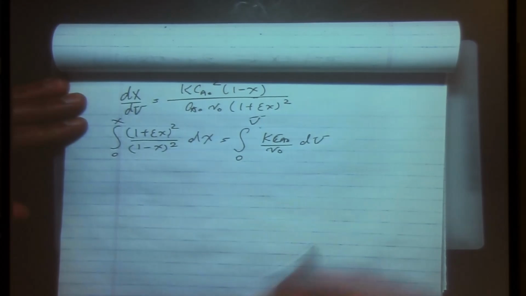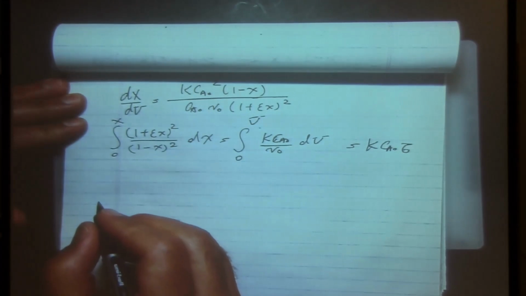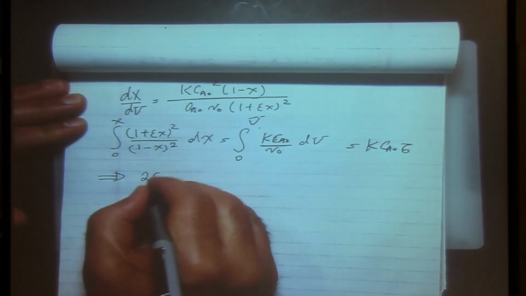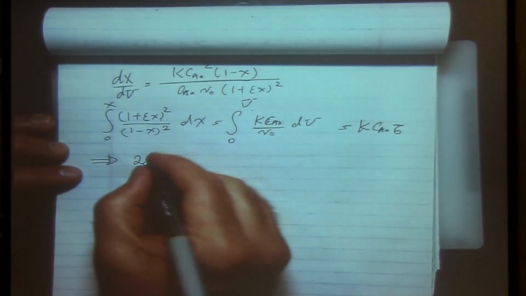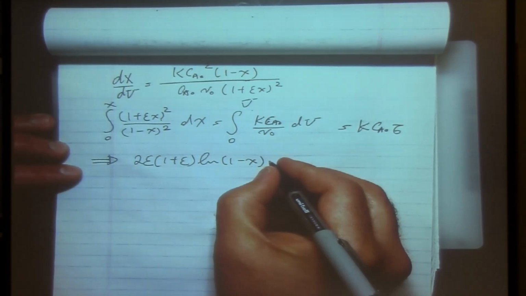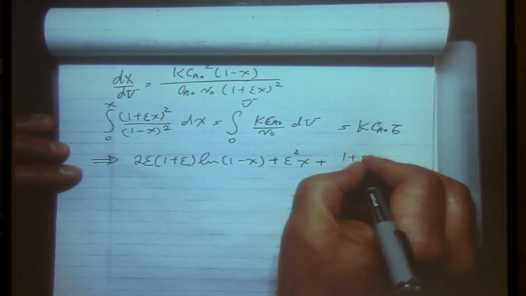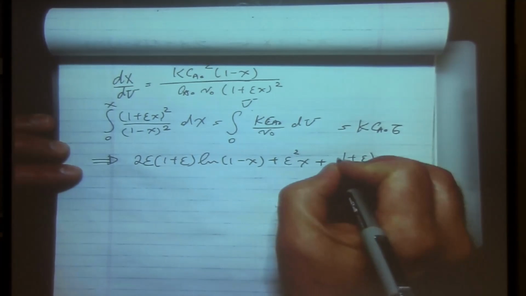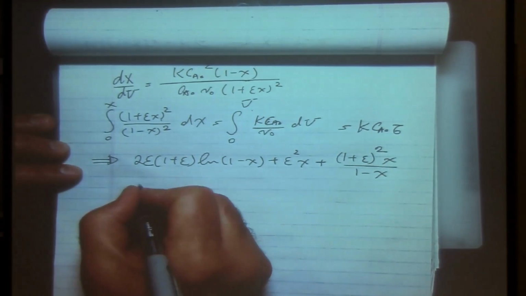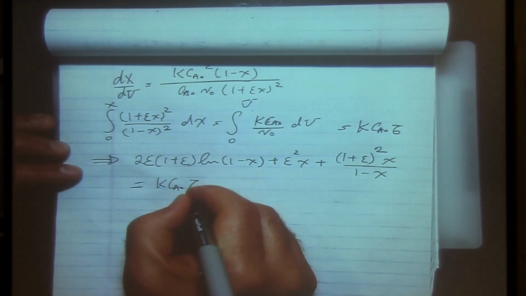And if you do the integration, that would be k CA0 tau on the other side: 2 epsilon (1 plus epsilon) ln(1 minus x) plus epsilon squared x plus (1 plus epsilon) squared x over (1 minus x), and that, the left hand side, would be equal to k CA0 tau.